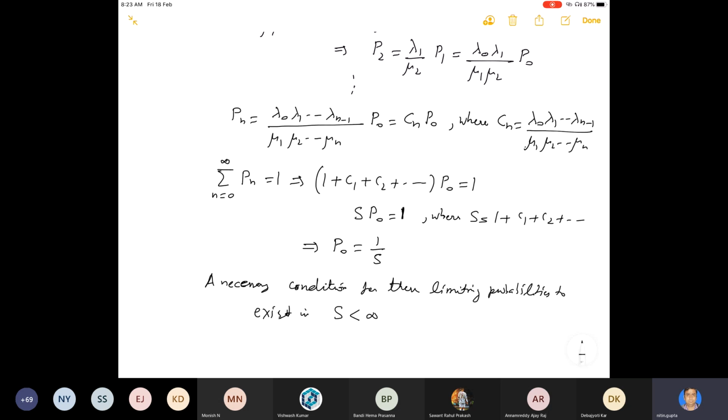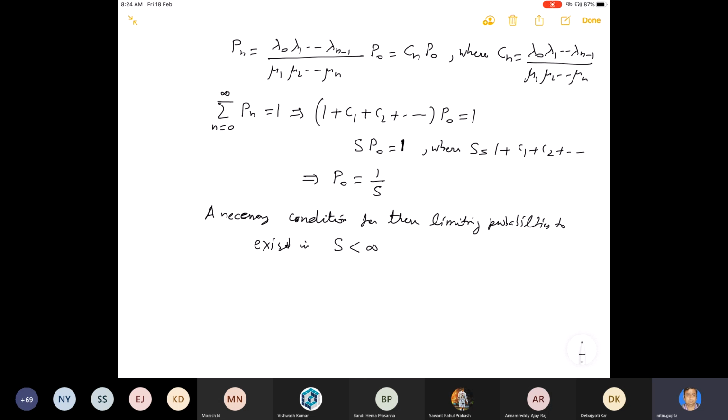That means it should be finite, then this probability will exist. So this is the necessary condition for existence of the limiting probability. Let us call this U. Any question till now?